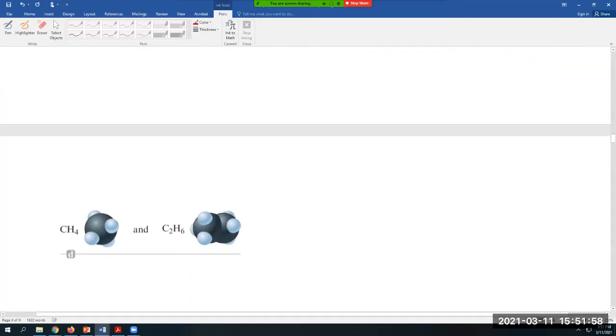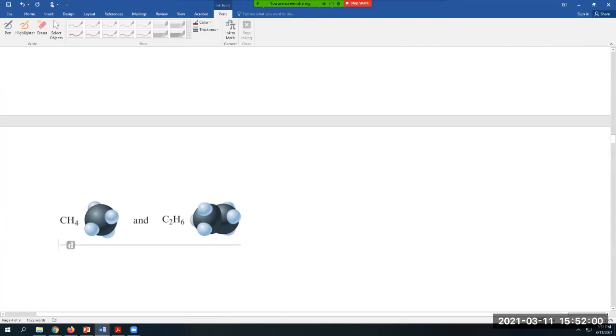So we have CH4 and C2H6. The empirical formula of CH4 is going to be CH4 again, because carbon has a subscript of 1, and we cannot reduce that further. So same as the molecular formula. C2H6, we can see that 2 and 6 are multiples of 2.